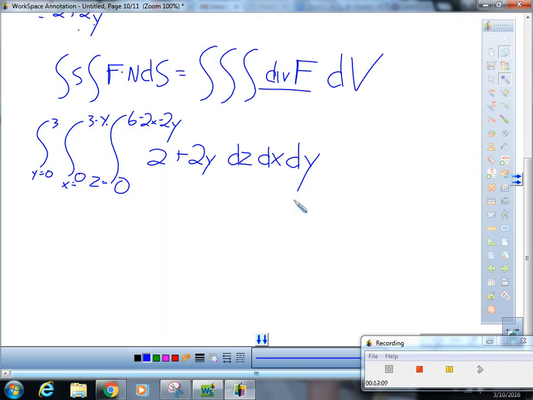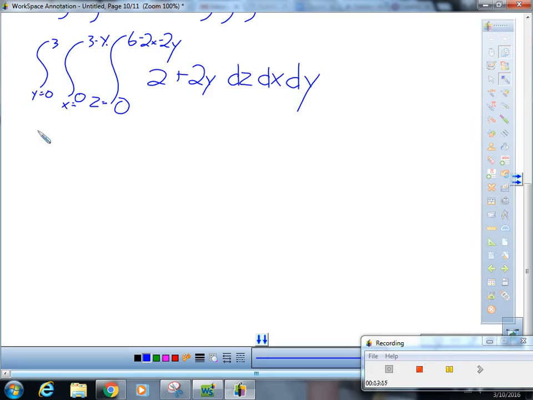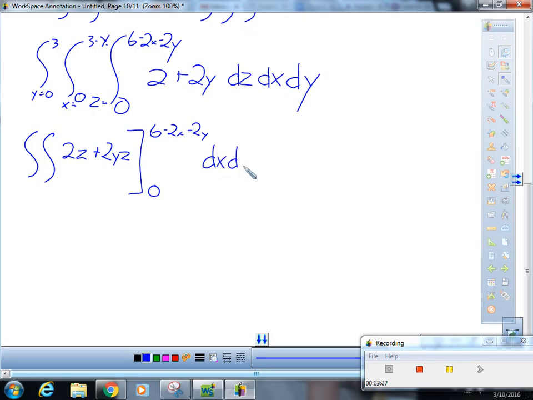Here we go. So this is the integral of 2z plus 2yz as z goes from 0 to 6 minus 2x minus 2y, dx dy.